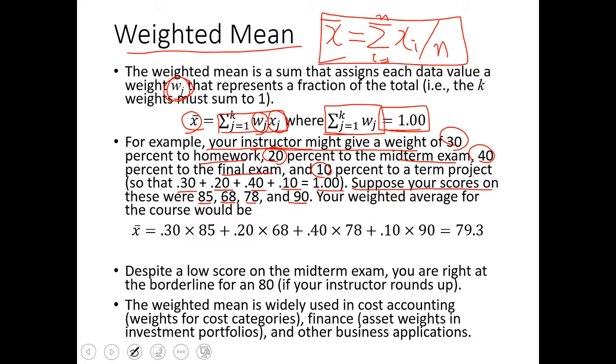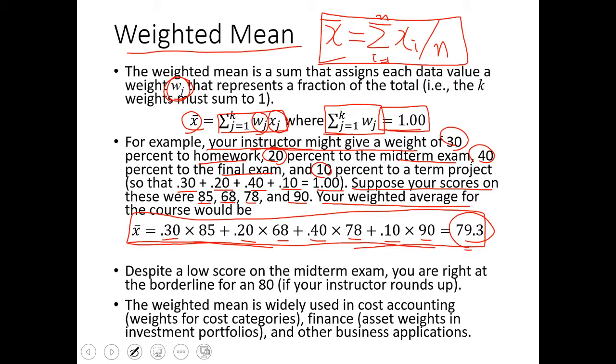Then the student score would be 30% times 85, 20% times 68, 40% times 78, 10% times 90, which is 79.3. This kind of calculation is the weighted mean. Weighted mean is nothing but this. So you always use the weighted mean when you obtain the grade of some courses.